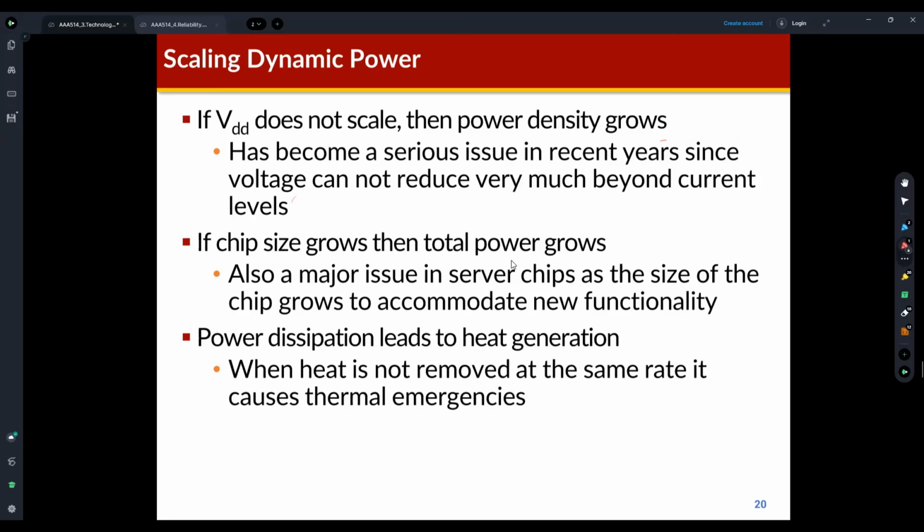Recently, the supply voltage is nearly 1 volt, or sometimes slightly lower than 1 volt, but we can observe that the supply voltage is nearly the same. So actually, with the CMOS scaling, it was easy to reduce the supply voltage, okay? But currently, it's not easy.